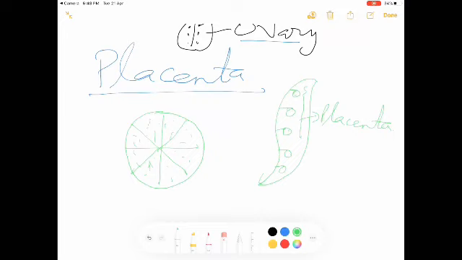That place where ovules are living is called placenta. In the pea, the placenta is totally empty, only ovules are there, but in tomato lots of pulpy substance is there.